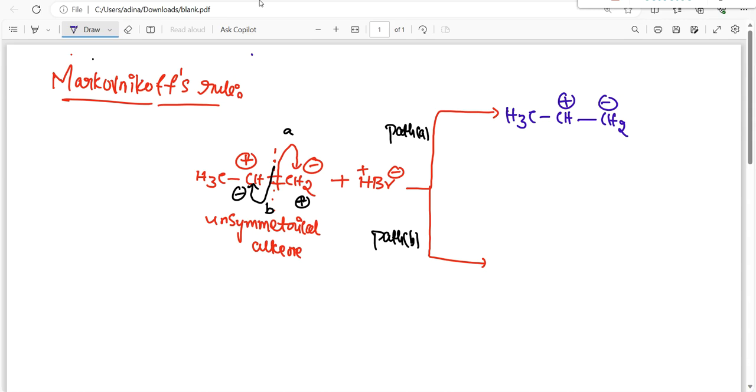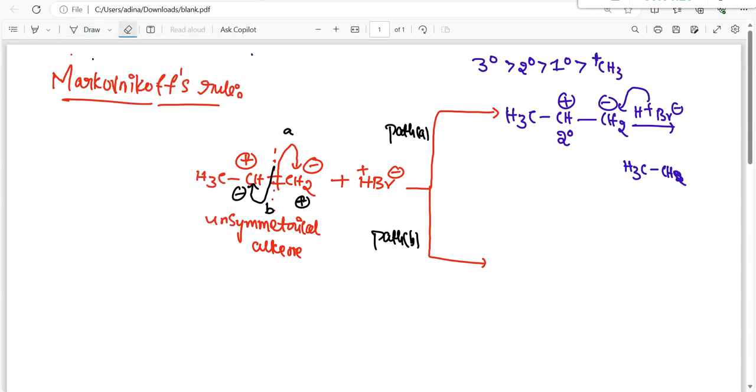We know the carbocation stability order is tertiary greater than secondary greater than primary greater than CH3+. By this order, this carbocation is secondary. It reacts with H+ and Br-. H+ reacts at the CH2 and Br- attacks the secondary carbocation. So the product will be CH3-CHBr-CH3.